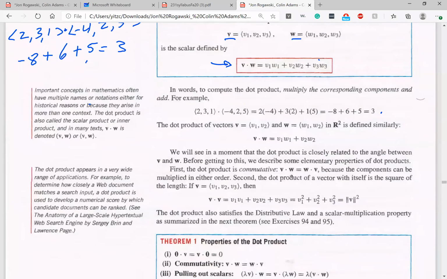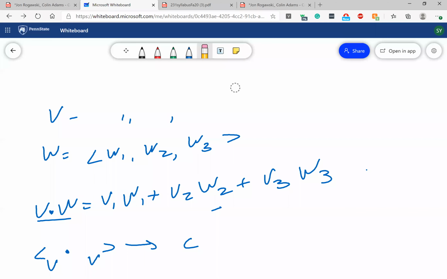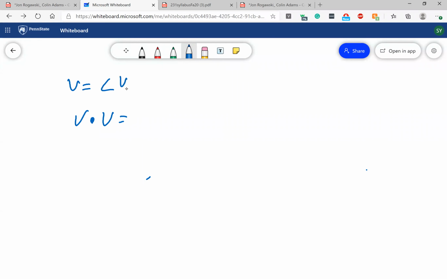And an important result is that if you take V and dot it with V, let's say V is equal to V1, V2, V3, then V dotted with V is going to be V1 squared plus V2 squared plus V3 squared.